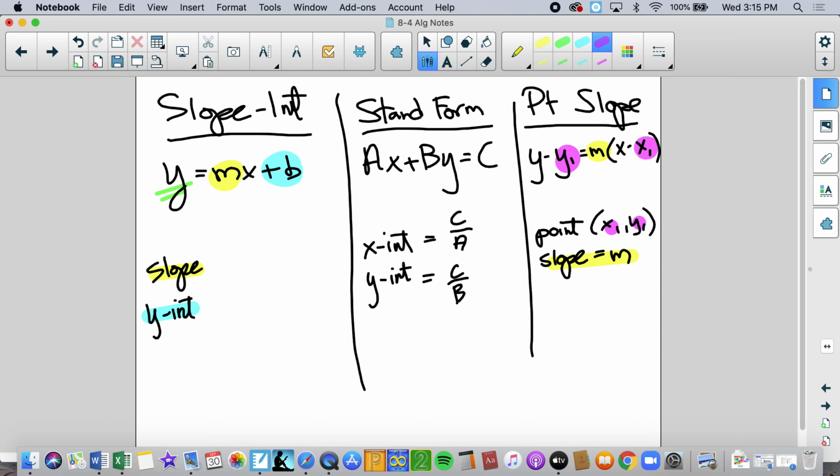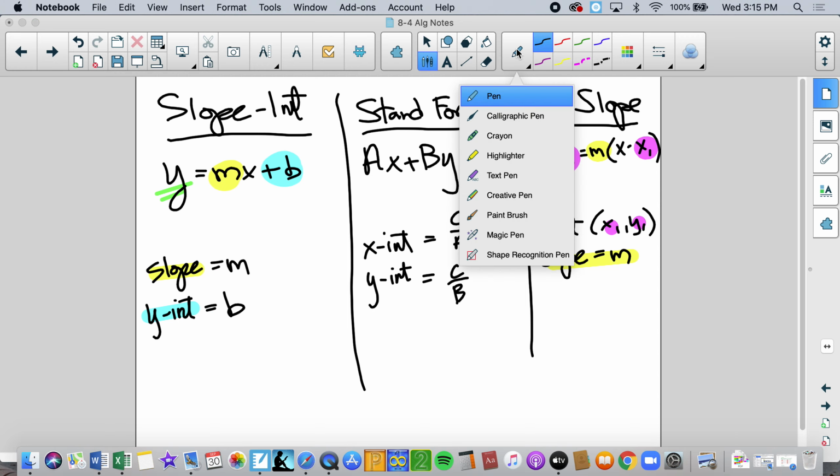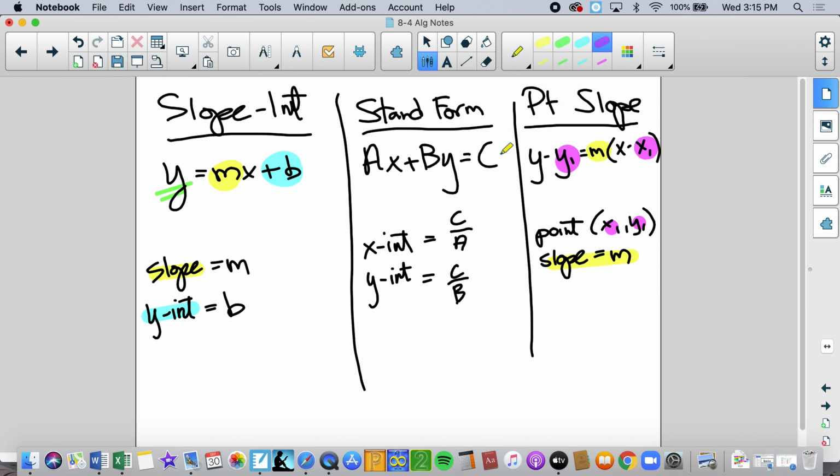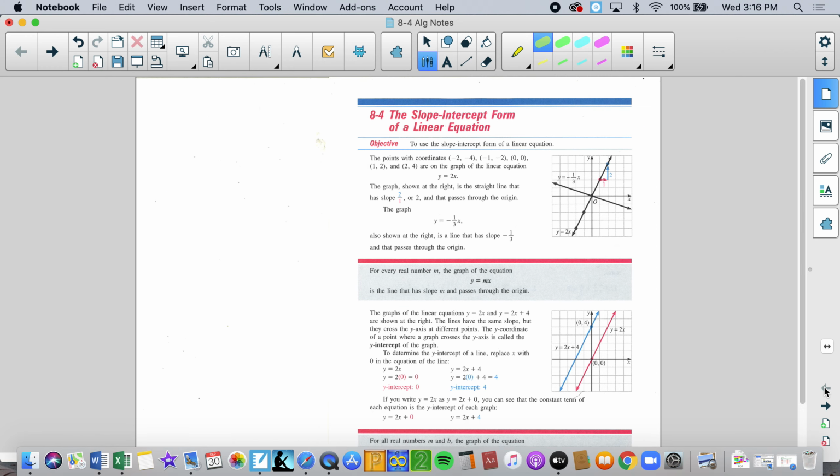That's very technical right there, but we'll go into it a little bit later in the school year. So what we're going to work with is slope-intercept form. But those are three very important equations that we should be able to recognize. Today we are going to only work on slope-intercept form of a linear equation.